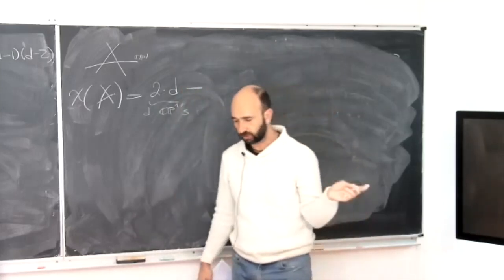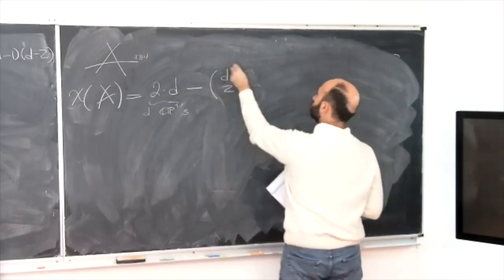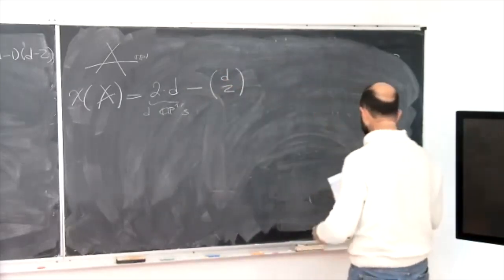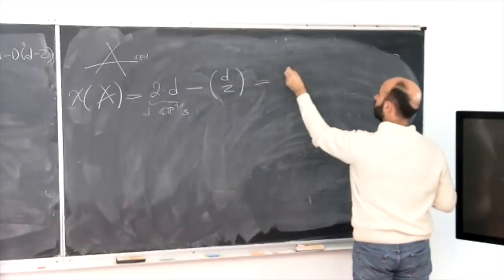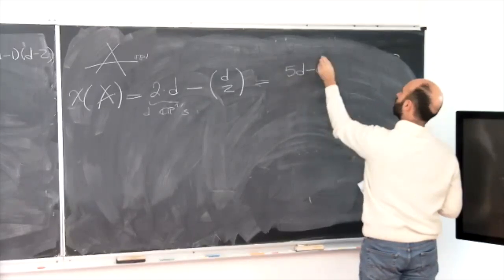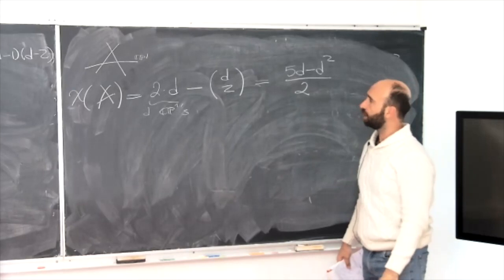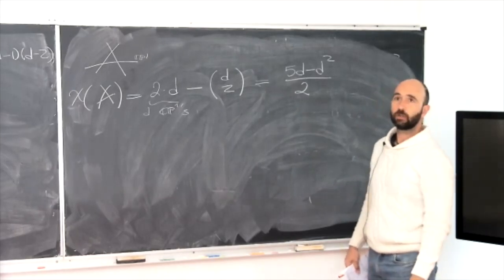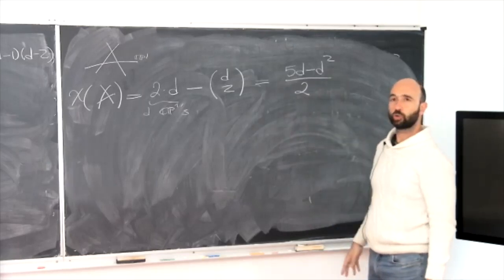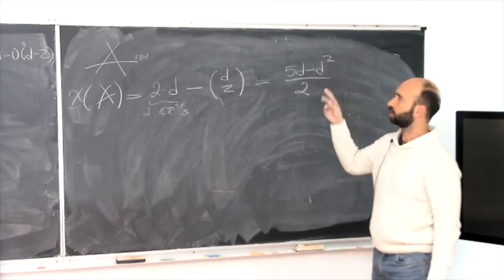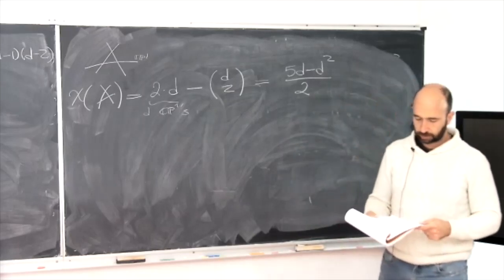Therefore, we have to subtract 1 for each intersection point, that means subtract d choose 2. So computation of this gives you (5d minus d squared) over 2, which compared to 3d minus d squared is substantially higher. Instead of a minus d squared term, you have a minus d squared over 2 term. That means these degenerations to nodes let the Euler characteristic go quite up.